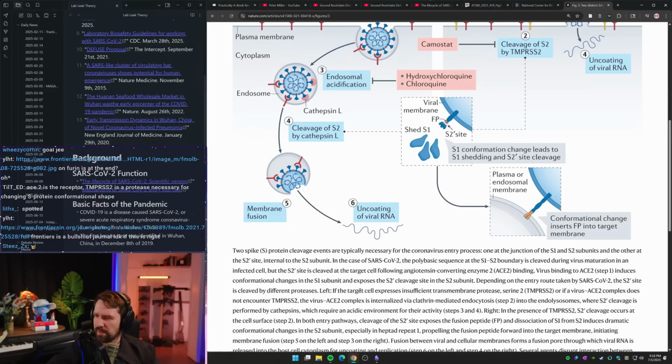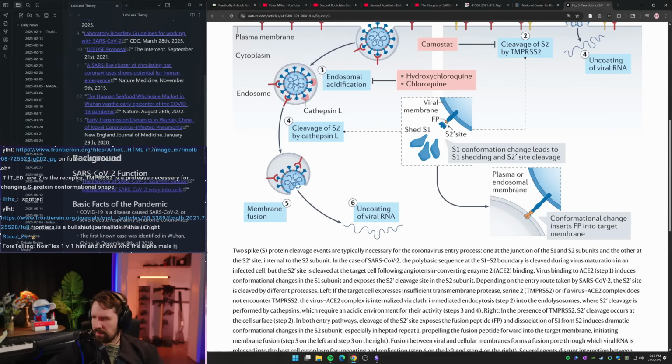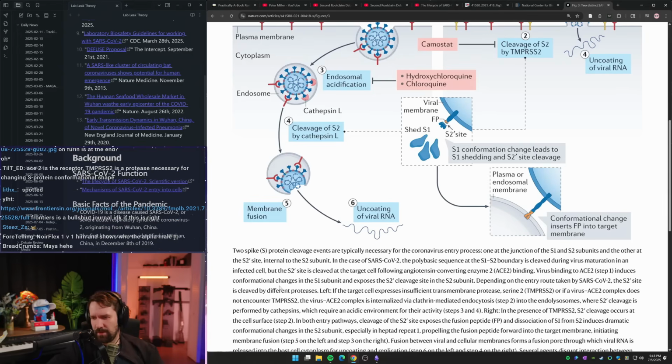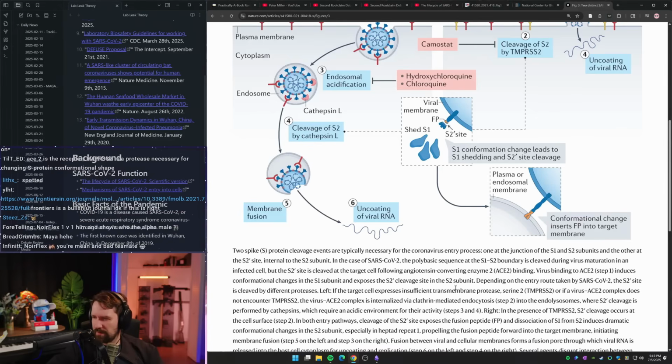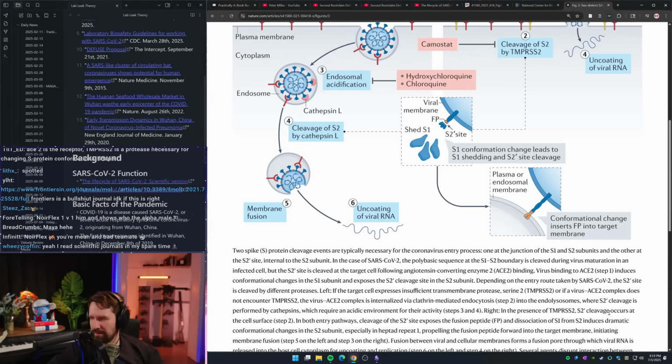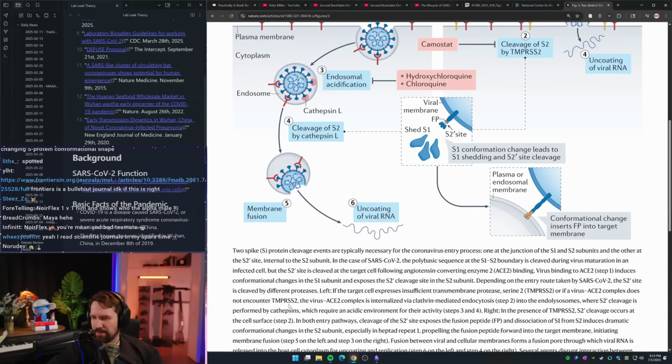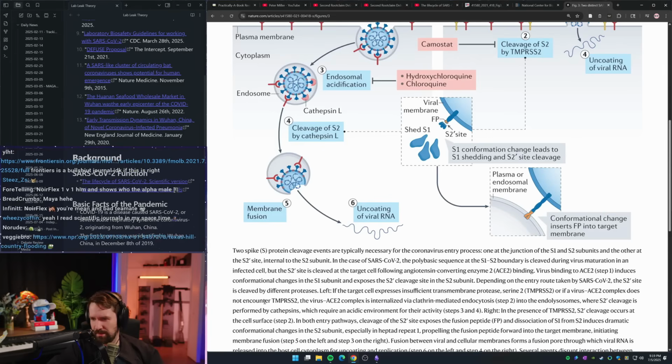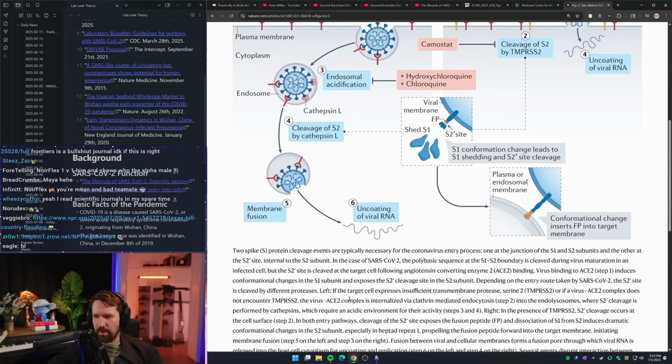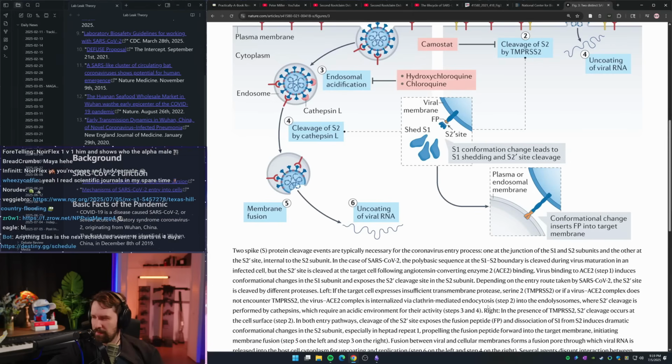On the left, if the target cell expresses insufficient transmembrane protease serine 2, TMPRSS2, or if a virus-ACE2 complex does not encounter TMPRSS2, the virus-ACE2 complex is internalized via clathrin-mediated endocytosis into the endolysosomes, where S2 prime cleavage is performed by cathepsins, which require an acidic environment for their activity.